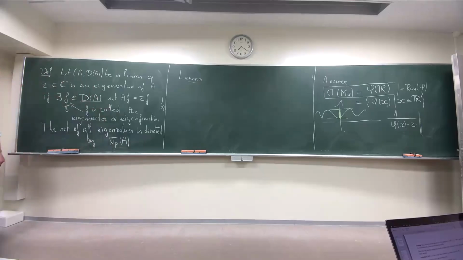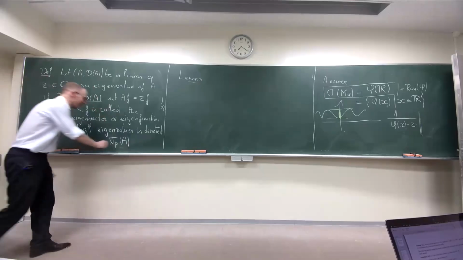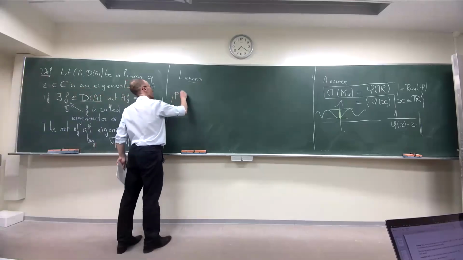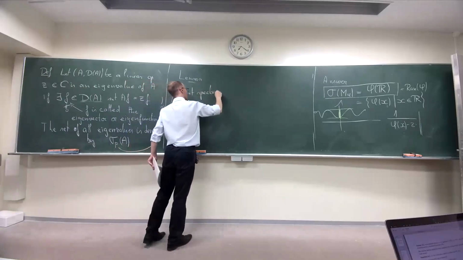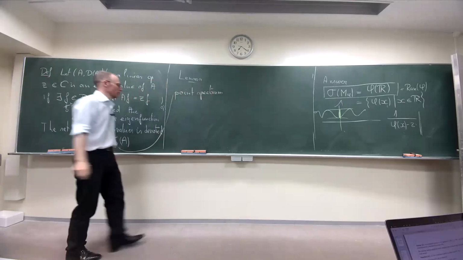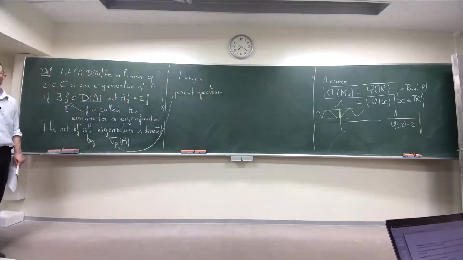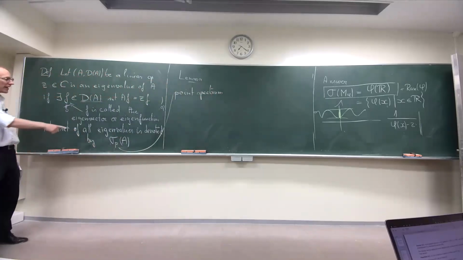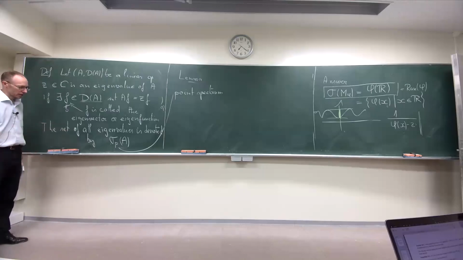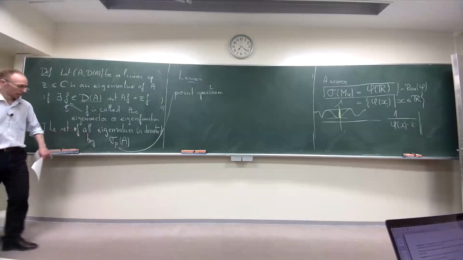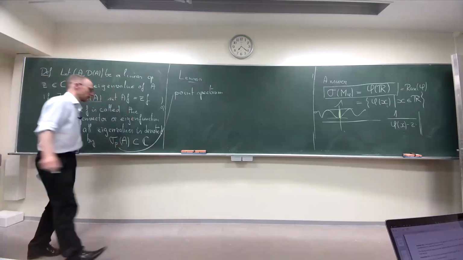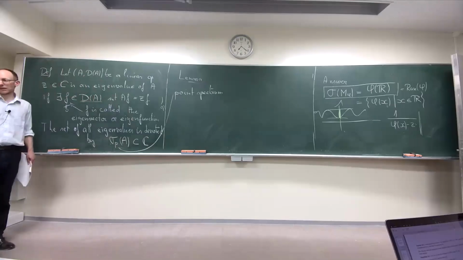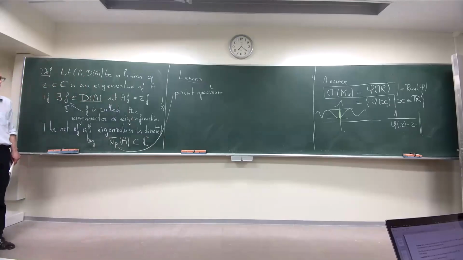No, this is not German. P here is for point spectrum, and sigma is for spectrum. So the set of eigenvalues is just denoted by sigma P of A. And be careful, it's a subset of C, because the spectrum is a complement of a set in C, so it is also something in C.